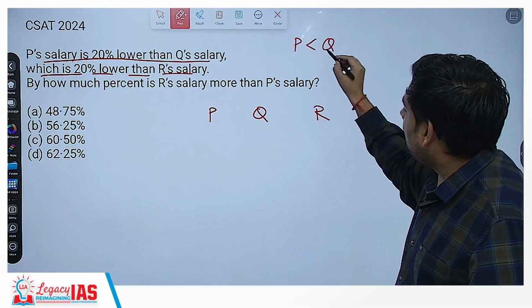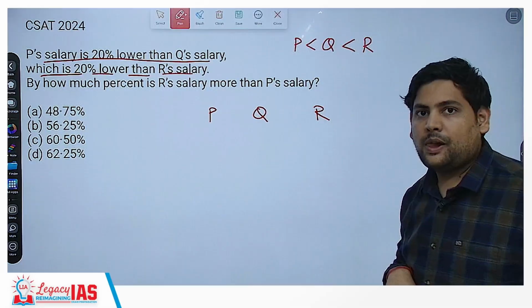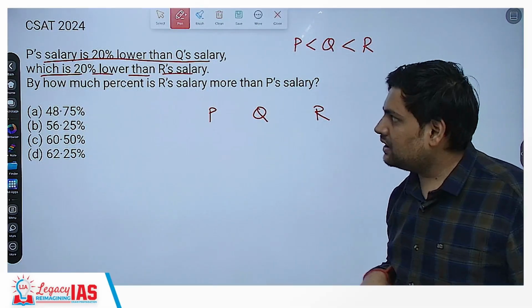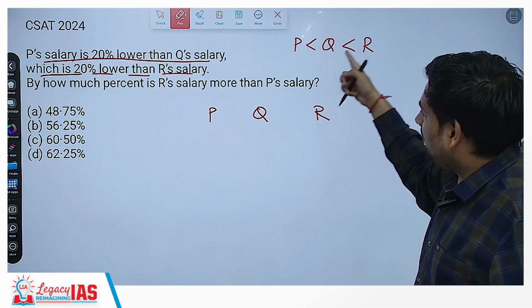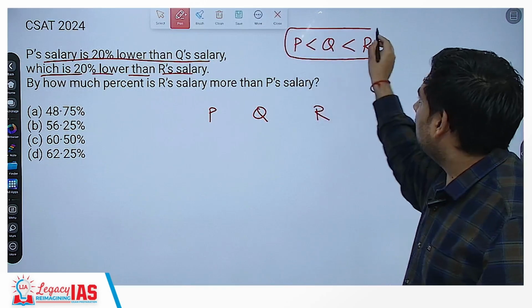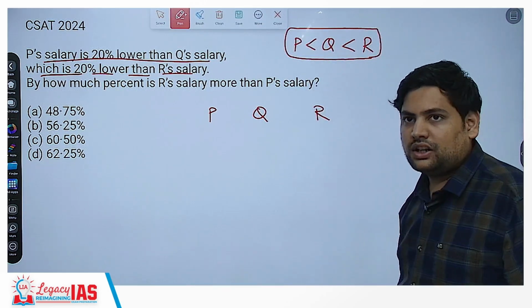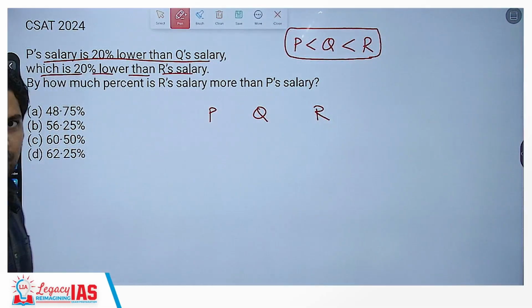R's salary, correct? So once you get this order, you can start from any end.